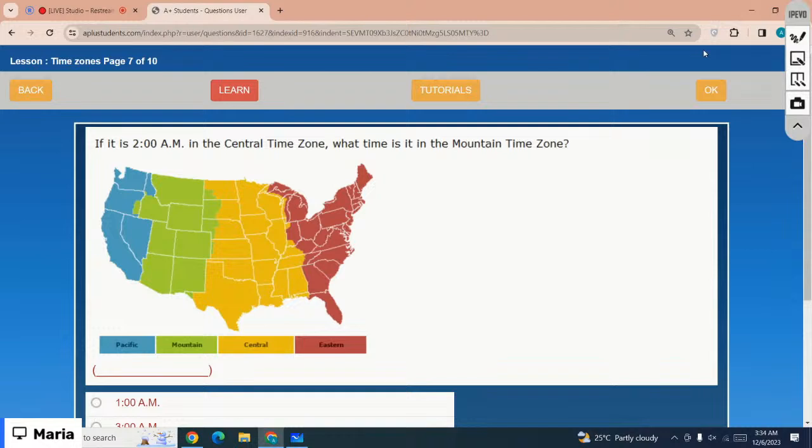If it is 2 a.m. in the central time zone, what time is it in the mountain time zone? Which is the correct option? You have to convert from central to mountain. Mountain is 1 hour behind the central.